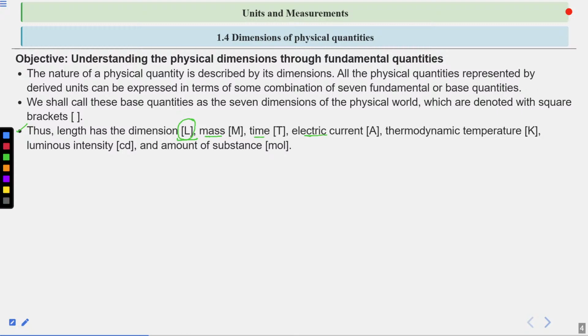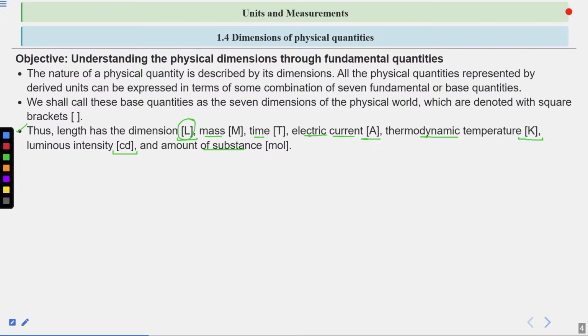Third, electric current is [A]. Thermodynamic temperature, the dimensional formula is [K]. Luminous intensity, [cd]. And amount of substance, [mol]. So these are the 7 fundamental quantities and their dimensional formulas.